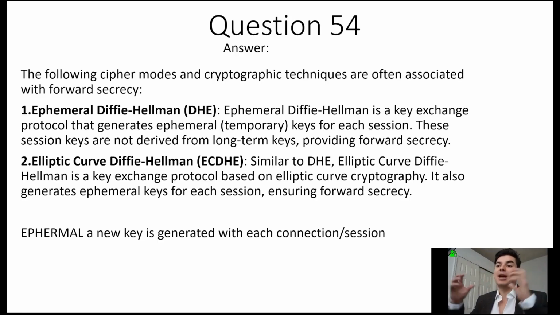They only have the data from that one session. And so that's the benefit of having ephemeral keys, is that a new key is generated with each new connection or session. And these are the two different types of Diffie-Hellmans that use the ephemeral keys or perfect forward secrecy.